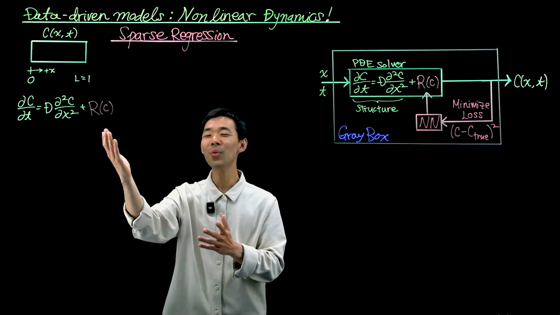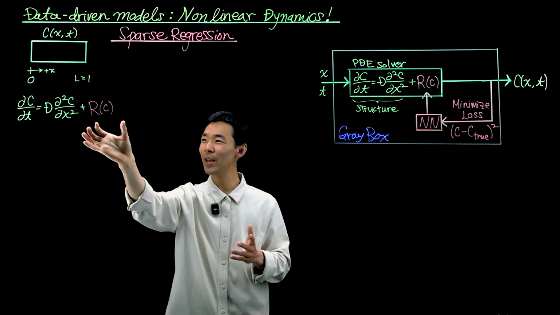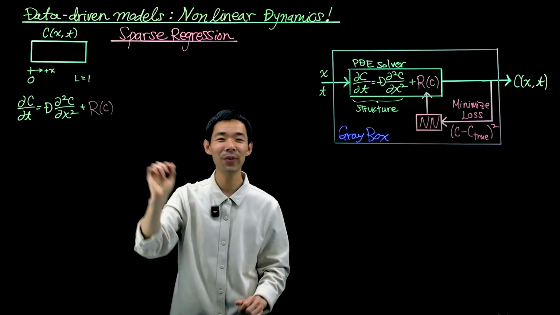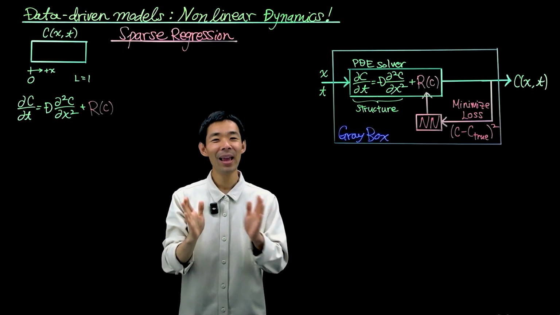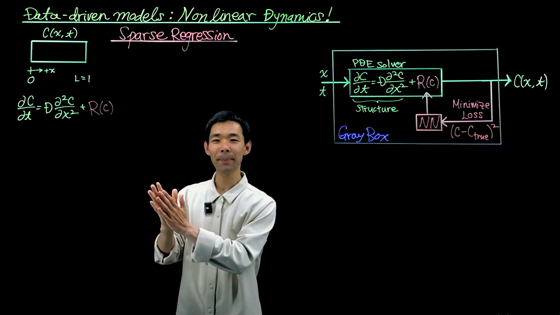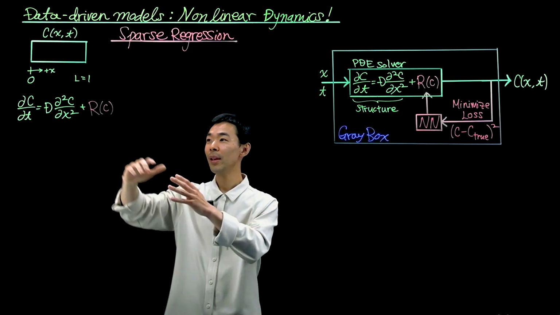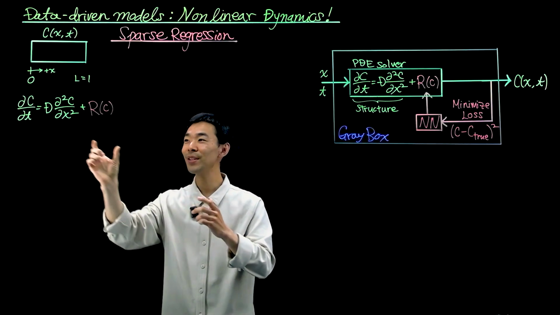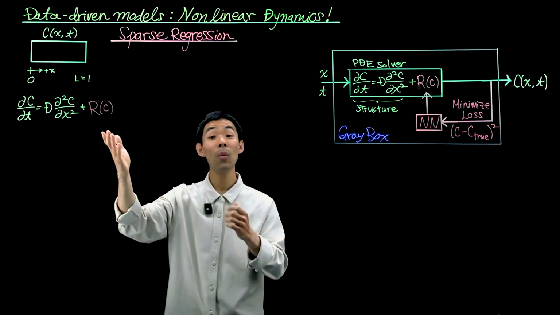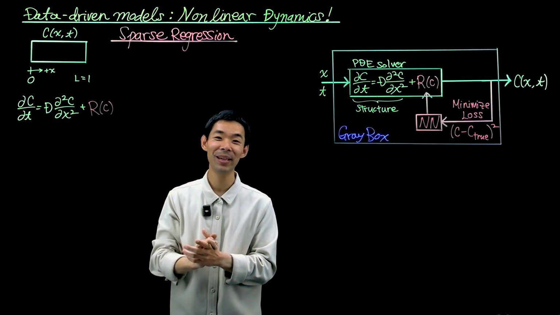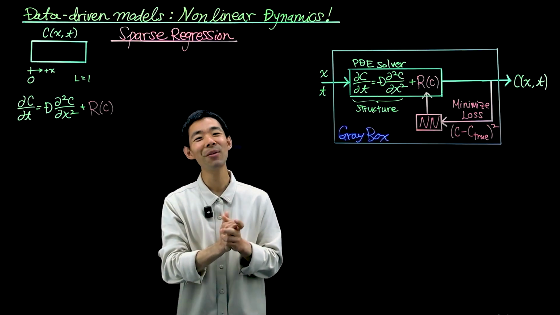There is some chemical reaction that gives rise to a source in the partial differential equation, but we don't know what this term is at all. And we asked, can we purely use the data with some kind of physical insight and machine learning to discover what could be a nonlinear PDE? And that's exactly what we considered.